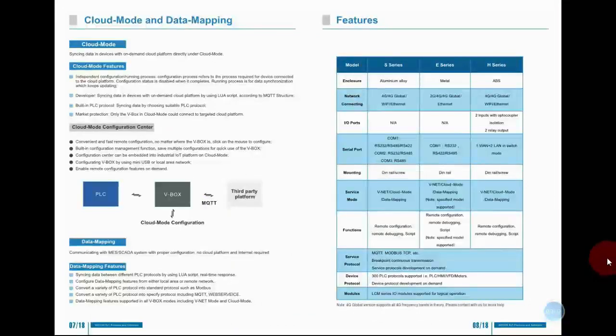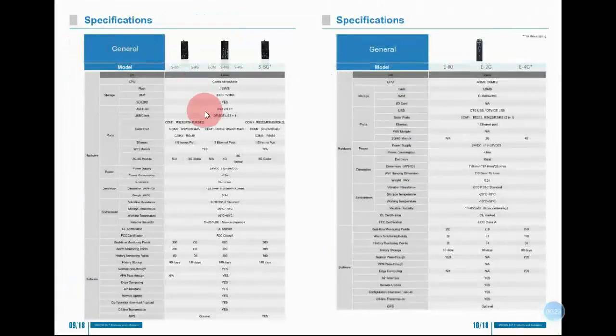Before I introduce the different vBox series specifications, I want to make a short introduction of the cloud mode vBox. This one has not been officially sold to the international market, and it has already started in China.